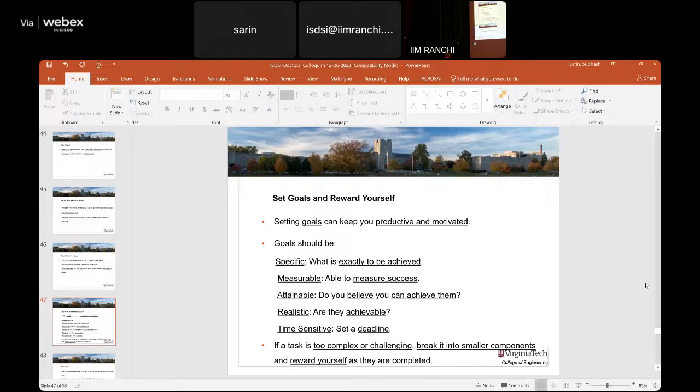If the task is complex or challenging, what I found myself doing is breaking it up into smaller pieces and doing those small things one at a time, and then the whole thing gets completed as well. But in the process of doing small things, you end up learning more about the subject, the paper, and the problem that you're working on, and therefore end up writing more papers and so on. So it becomes actually more productive that way.